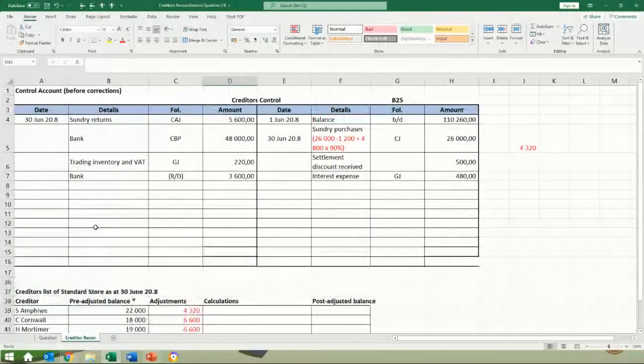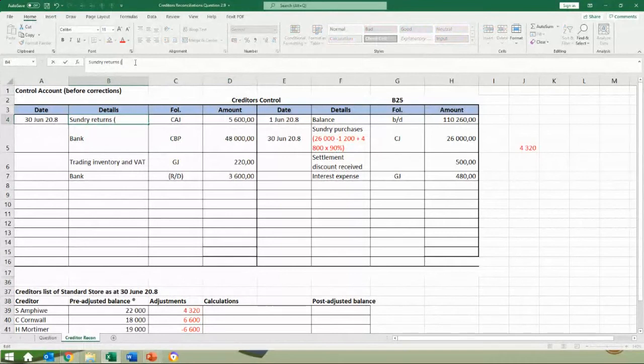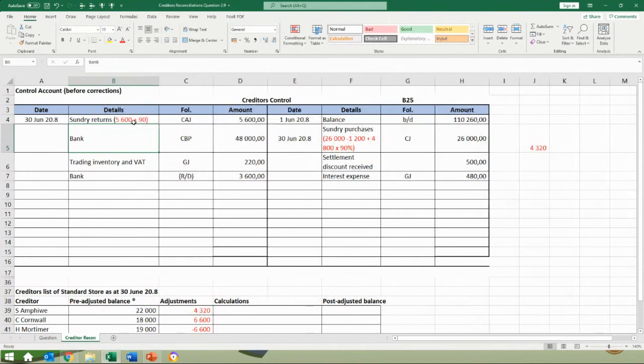But now I also have to go and account for that amount. My creditors control. So I take the initial 5,600 and then I add the 90 Rand difference based on that calculation.